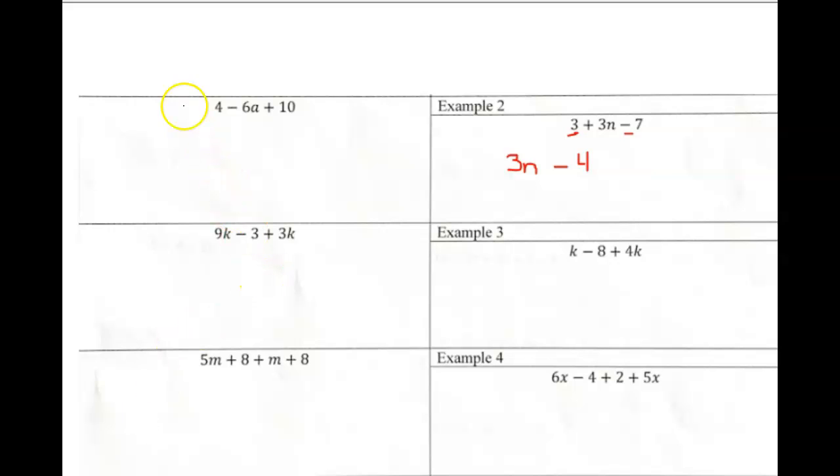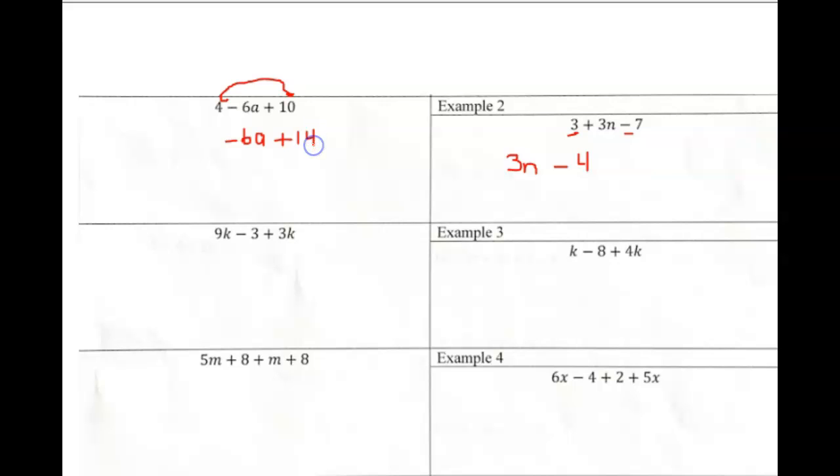All right, guys. So what we're going to do is we'll bring down our negative 6a, because that is by itself. Then we're going to combine the two constant terms that are alike, the 10 and the 4. 4 plus 10 is 14.